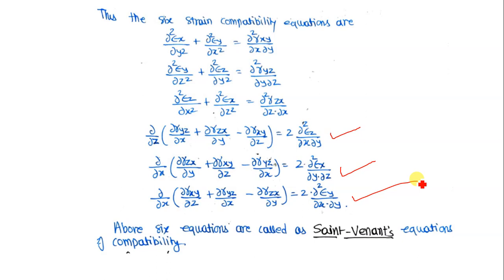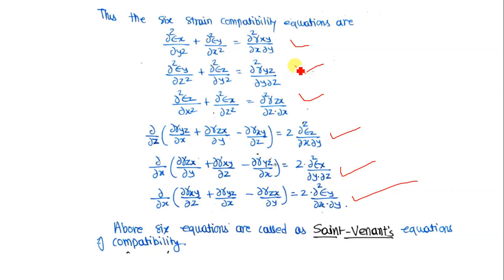So these equations we have derived previously, and these three equations we have now derived here. So these three plus the remaining three equations, these six equations are called Saint Venant's equations of compatibility.